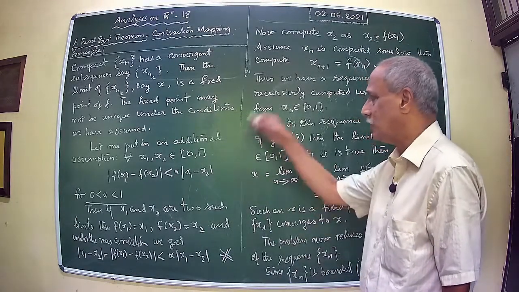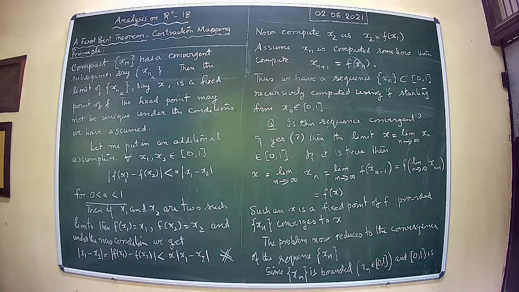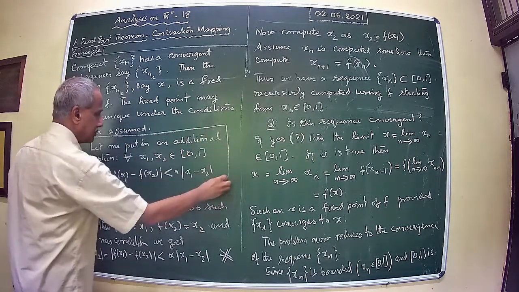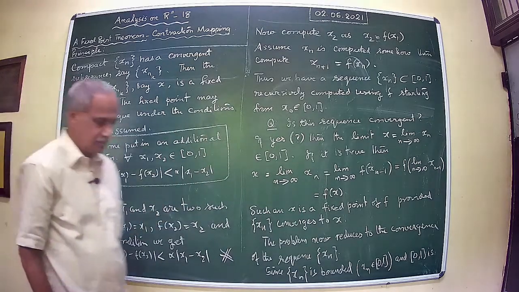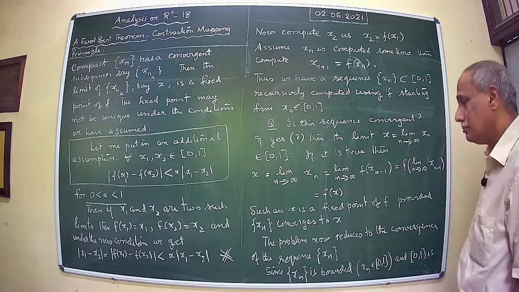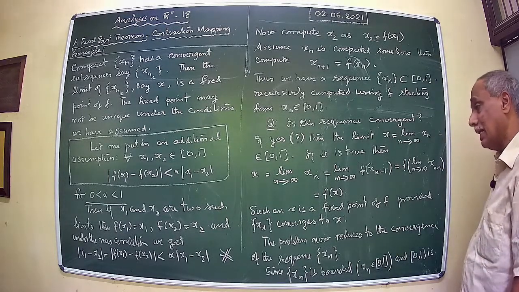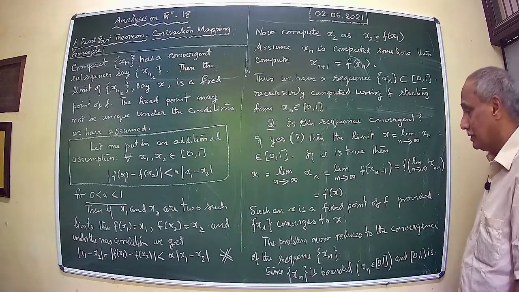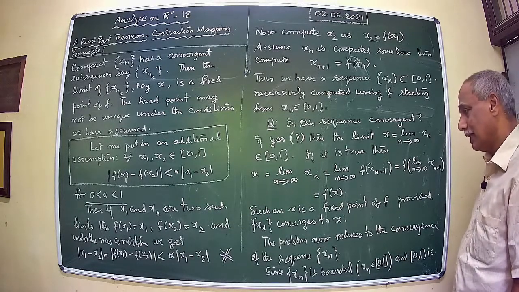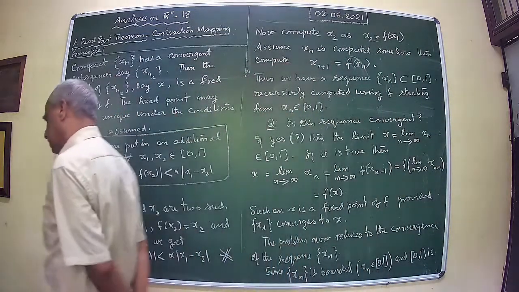So if we further assume that f satisfies this condition, then the sequence xn converges, and there is exactly one point which becomes the fixed point of this theorem.